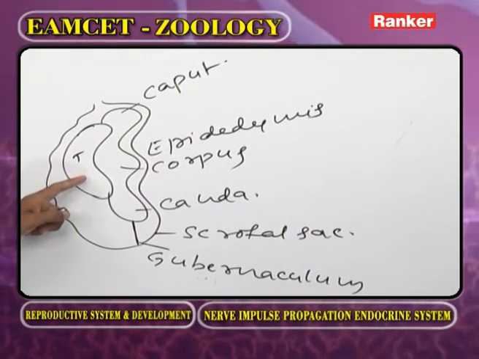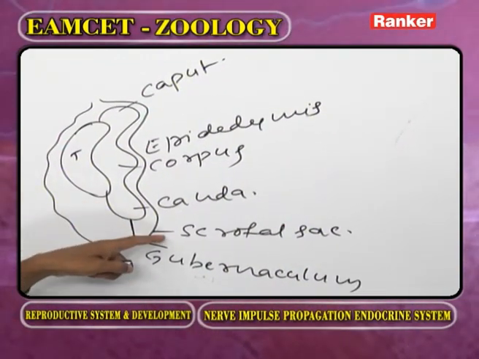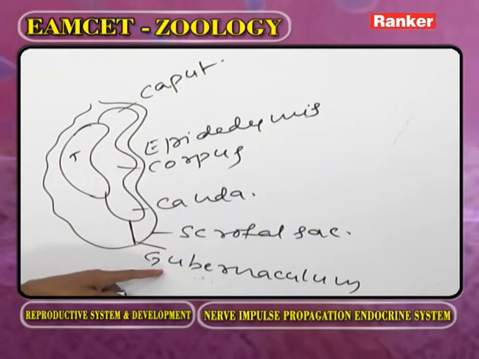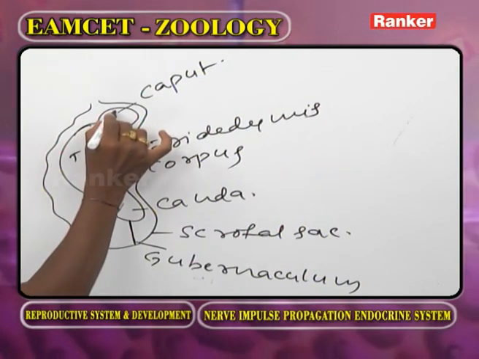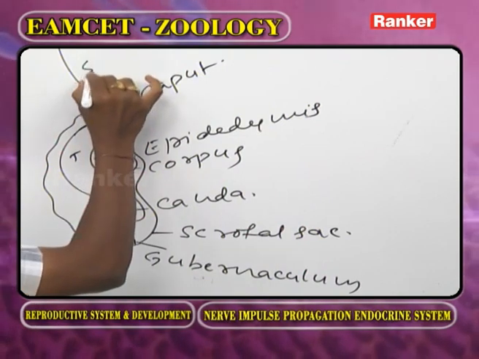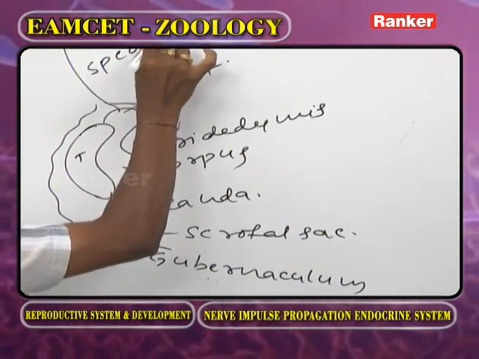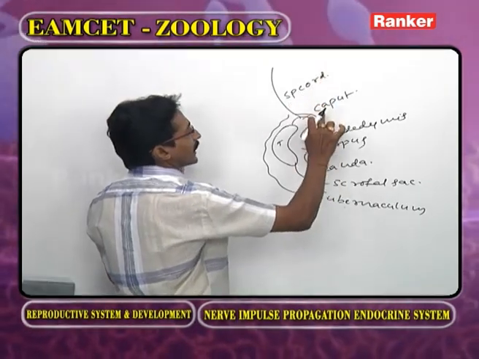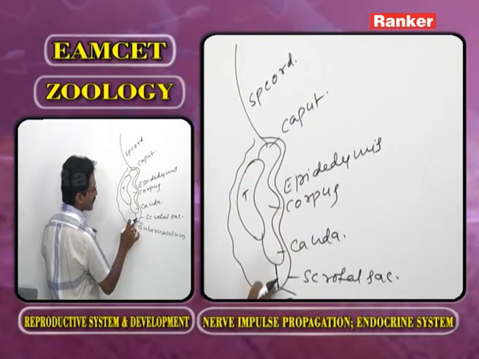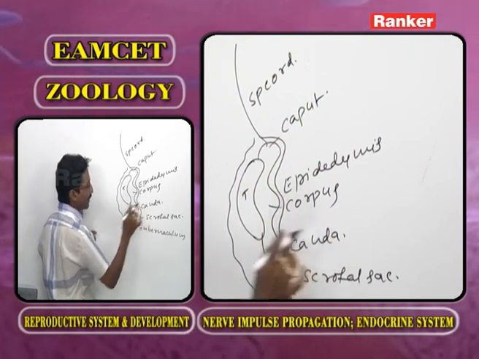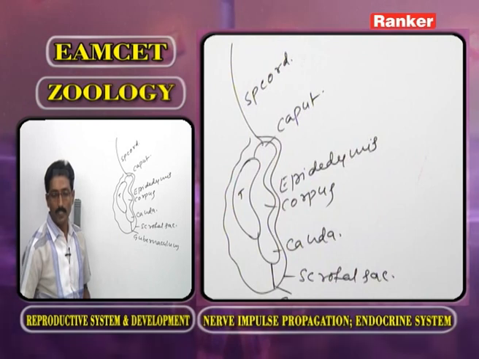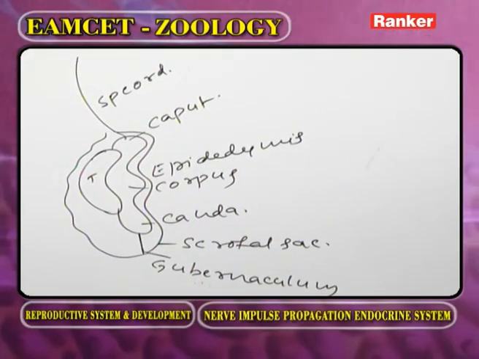The testes posteriorly are attached to the scrotal sac by the gubernaculum. The testes anteriorly are attached by the spermatic cord. The spermatic cord is attached to the caput epididymis, and the gubernaculum lies between the scrotal sac and the cauda epididymis. Now the answer is gubernaculum. Now we go for the next question.